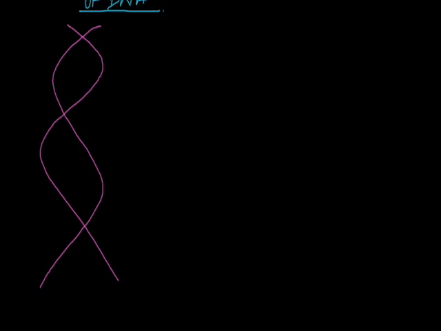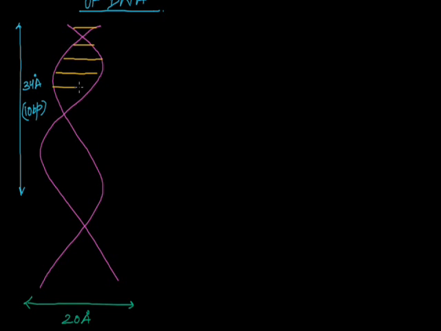As we have discussed, the diameter is 20 angstrom, while one helix has a distance of 34 angstrom, which has 10 base pairs. So there are 10 bases in one turn, with a distance of 3.4 angstrom between two bases. This is the double helical structure of DNA, which is right-handed.